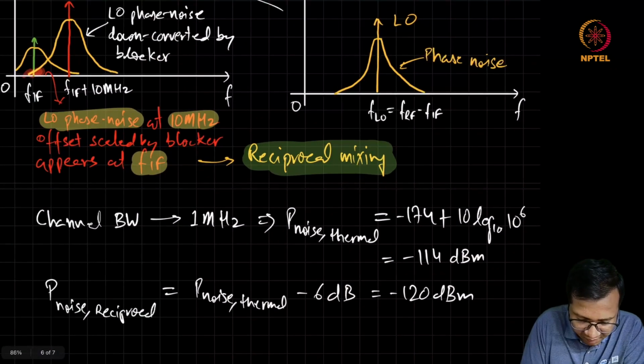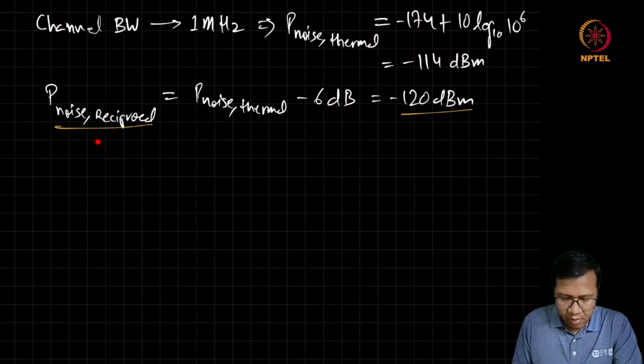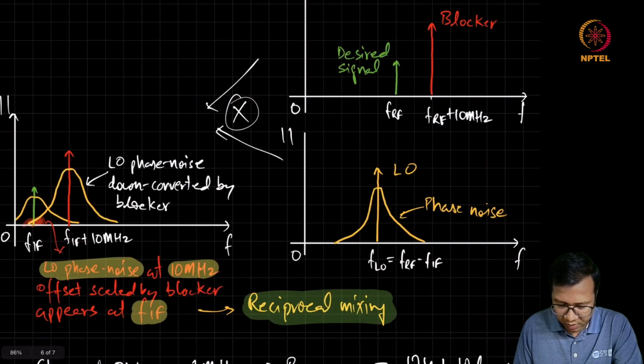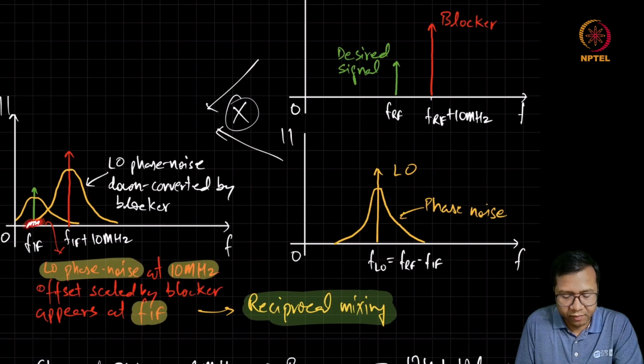Here the assumption is that at 10 megahertz offset, this phase noise profile is going to be flat. So now we need to find out how much will be the noise at this 10 megahertz offset from the LO due to reciprocal mixing.